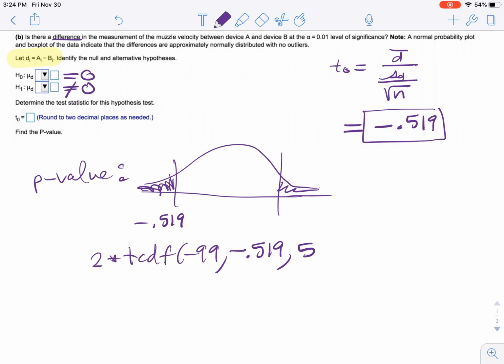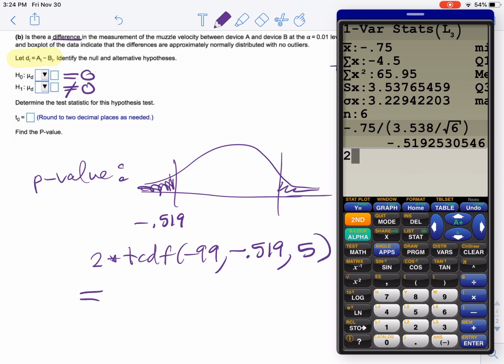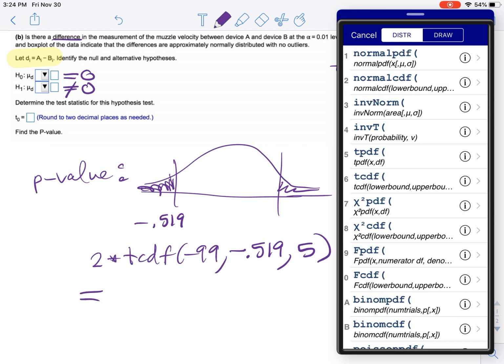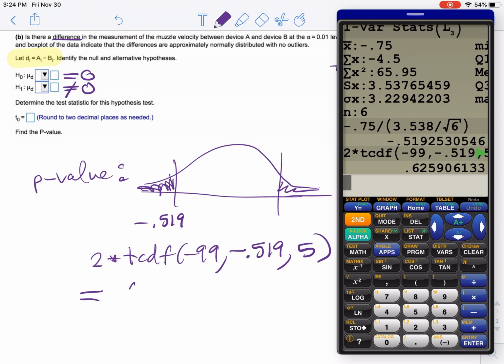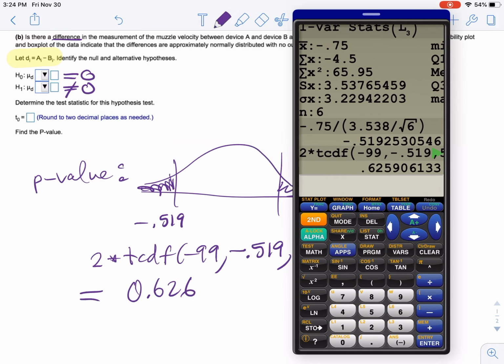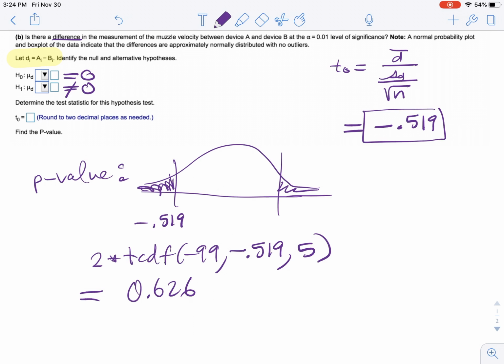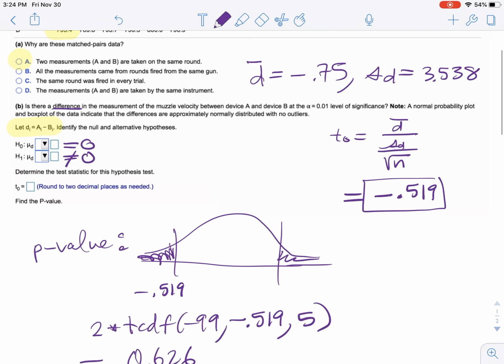Degrees of freedom is n minus 1, so it's 5. 2 times tcdf, negative 99, negative 0.519, comma 5, 0.626. And that's how you find the test statistic and p-value.